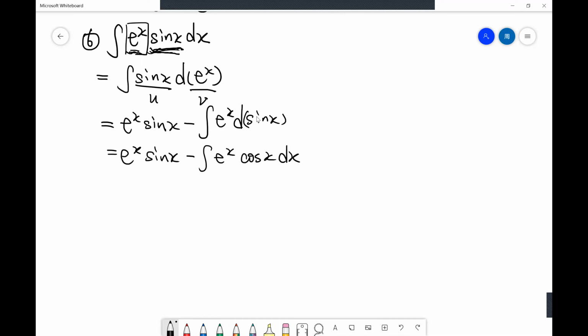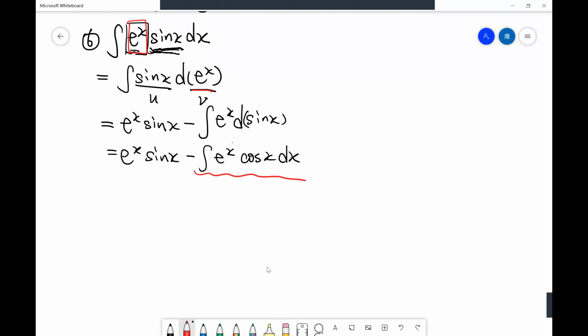And here you should remember one thing, that if at first you choose sin x be u, e^x be v, then at this step, you should also choose e^x be v.